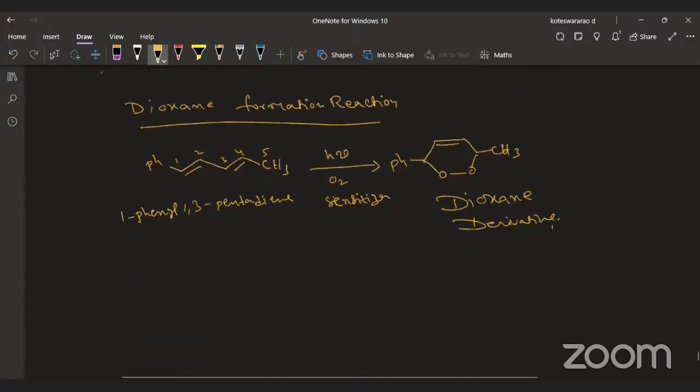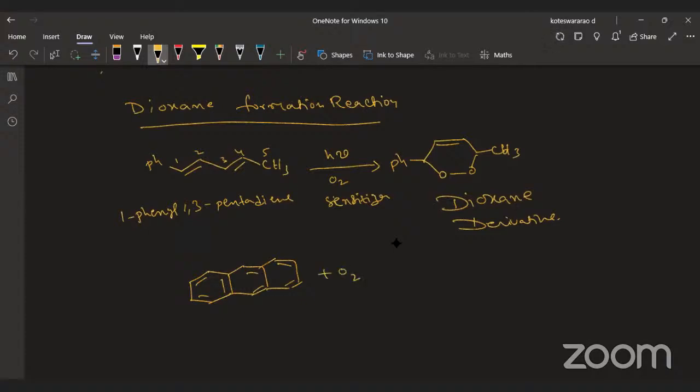Right. We have several examples. For example, the same dioxane can be generated whenever you are taking the anthracene. Then direct irradiation.